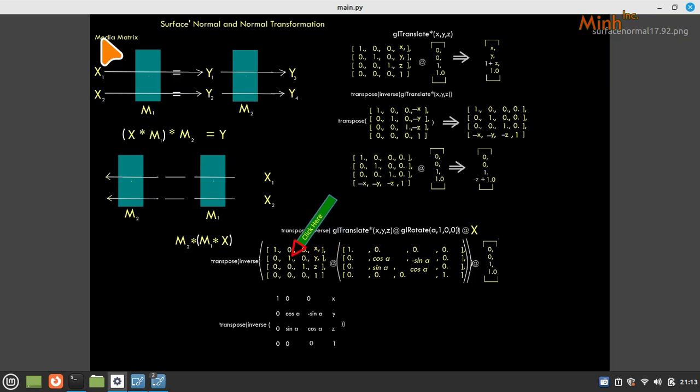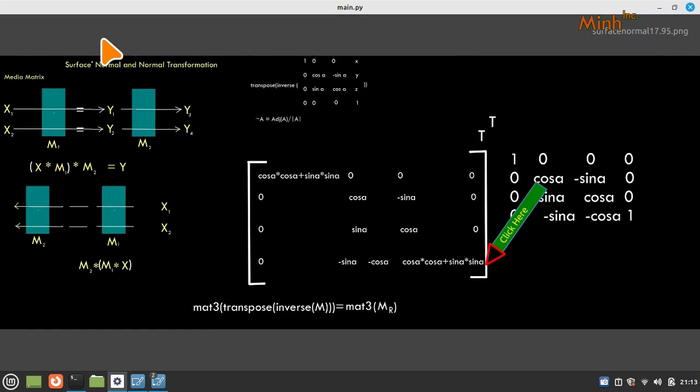If I have a translation matrix and rotation matrix, and I want to calculate the transformation in the normal, then I have to calculate transpose and inverse. So if I calculate the transpose and inverse of this matrix, it results in this. Cos square a plus sin square a is 1. Cos square a plus sin square a is 1.